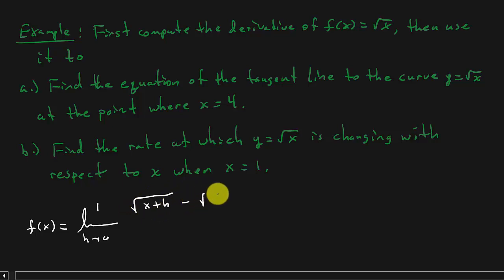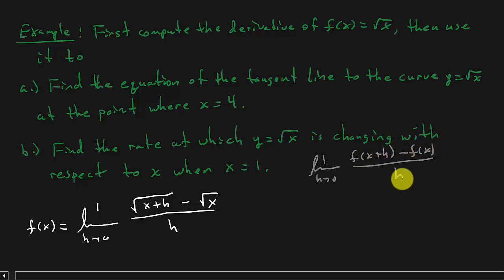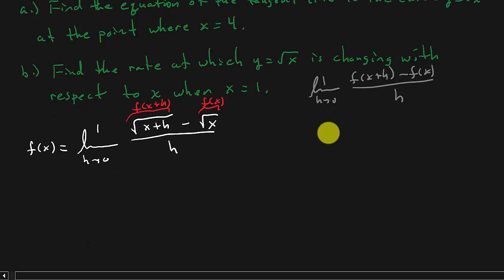What's f of x? f of x is square root of x, and that's over h. So let's just write that out here. Remember, limit as h goes to 0 of f of x plus h minus f of x, all that divided by h. So this is your f of x plus h, and this is your f of x. Okay? All right, now how do we simplify this?